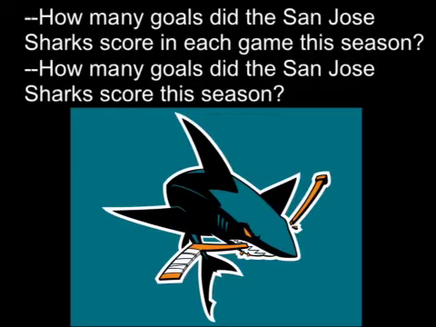In the first game of the year, they might have scored 3 goals, and then in the second game, they might have scored 5, and then maybe they got shut out, they didn't score any. Now that we have that data, we can study it in various ways. Like, what was the average number of goals that the Sharks scored? How many times did they get shut out? What was the biggest number of goals that the Sharks scored?